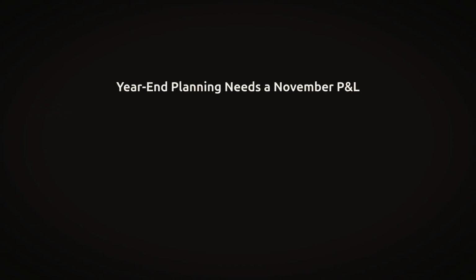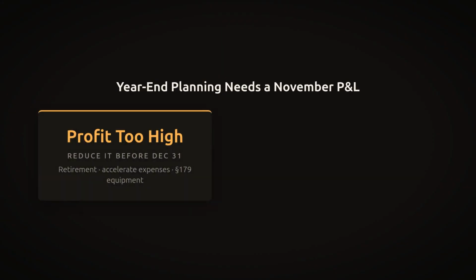Year-end tax planning requires a November P&L. By November, you have 10 months of actual data and can project the year accurately. If your projected net profit is higher than you want it to be, you have time to make retirement contributions, accelerate deductible expenses into the current year, or purchase equipment under Section 179 before December 31.